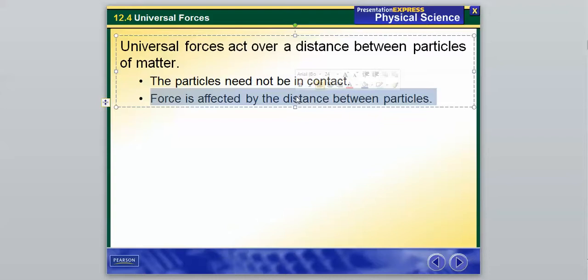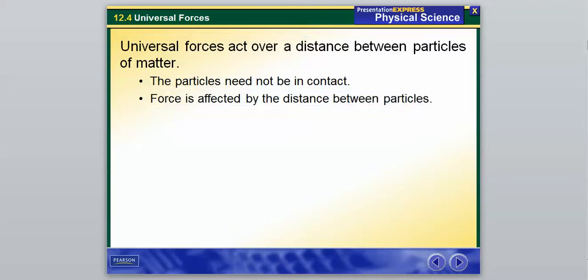However, sometimes two things can still be acting upon one another even when their distance is extremely far away. It doesn't really matter. The force is stronger if the particles are closer together, however, there are some forces where distance isn't really a factor in determining whether or not the force is going to be present between the two particles.